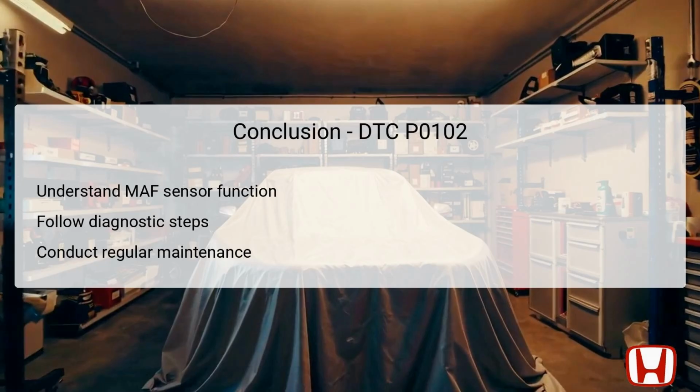Effective repair should be verified by clearing DTCs and conducting test drives to confirm proper vehicle operation. Implementing regular maintenance practices will significantly reduce the chances of future faults in the MAF sensor systems. Ultimately, a proactive approach will help maintain your Honda Accord's optimal performance while minimizing unexpected repairs.